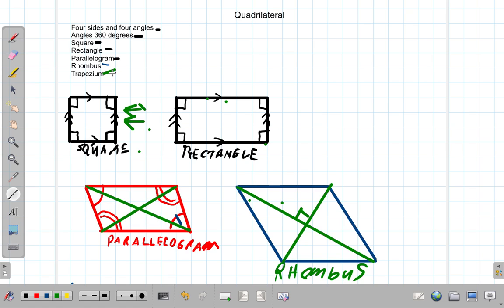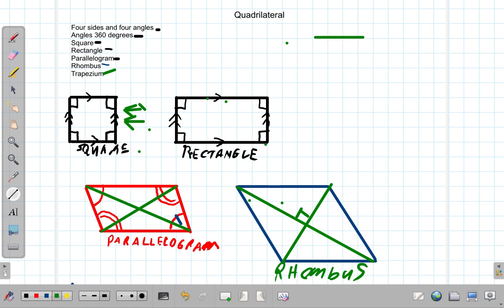However, intentionally you will draw it so that only two sides are parallel, right? It's a quadrilateral with only one pair of parallel sides. Only two sides are parallel.